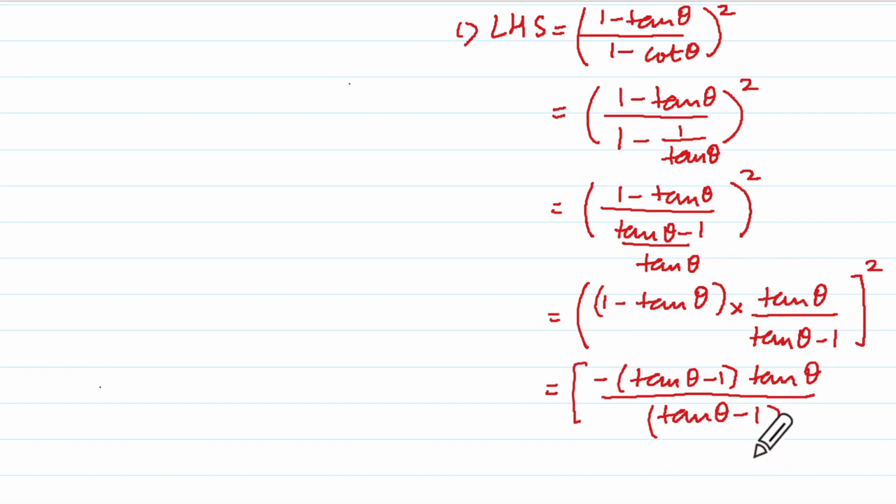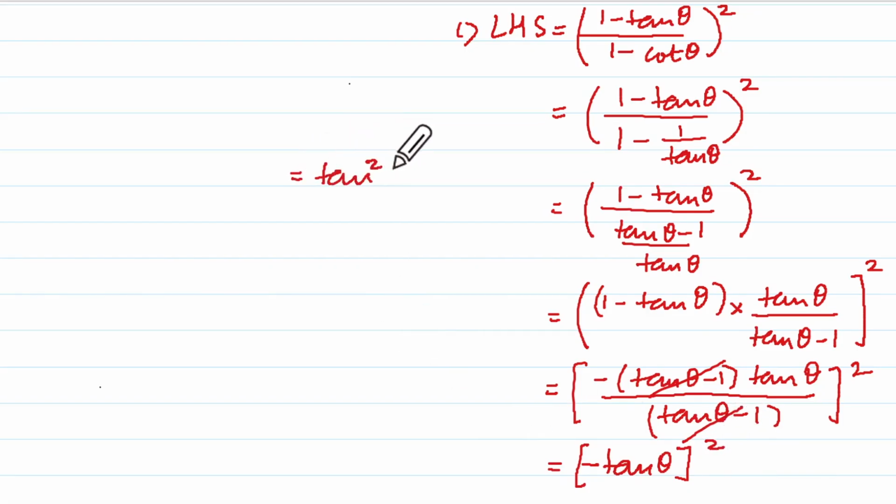That way also is possible. And then this is the bracket square. Now can you see what you are getting? Minus tan theta and whole square, which is equal to tan square theta, which is equal to what? RHS, and then you will say hence proved.